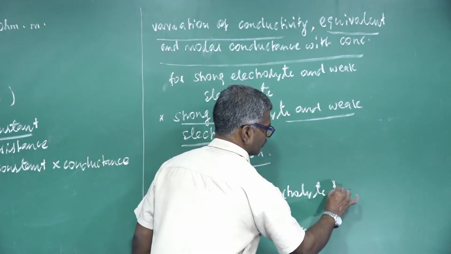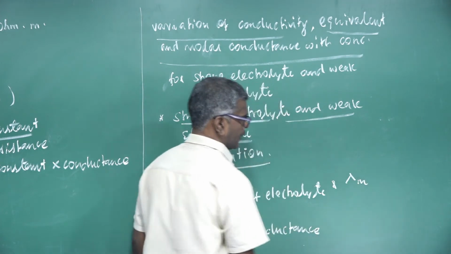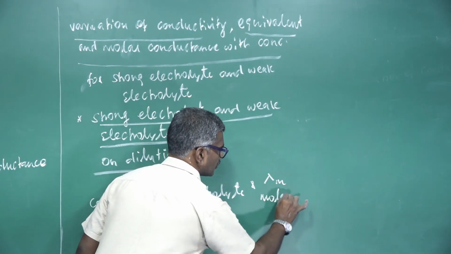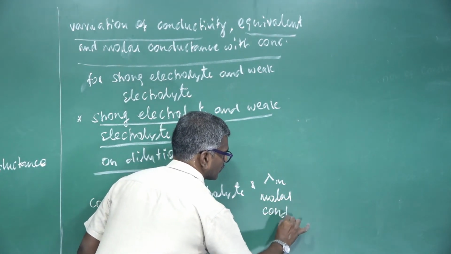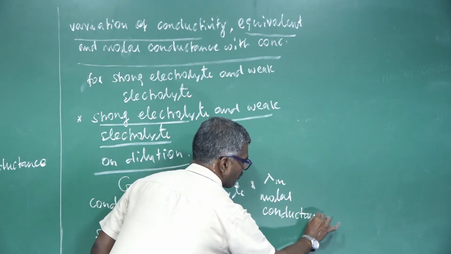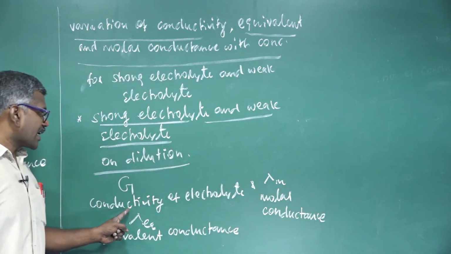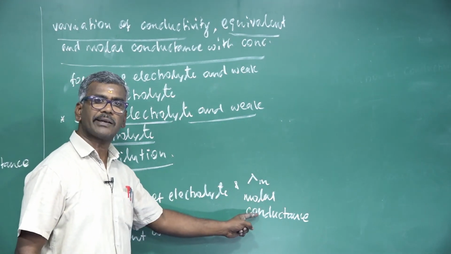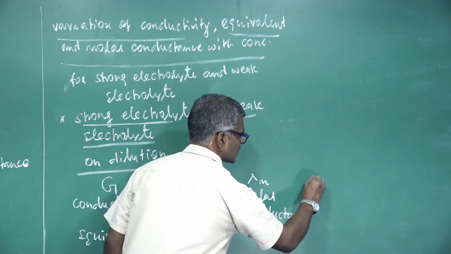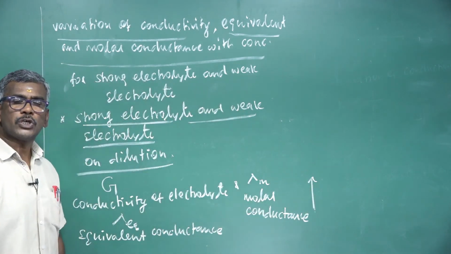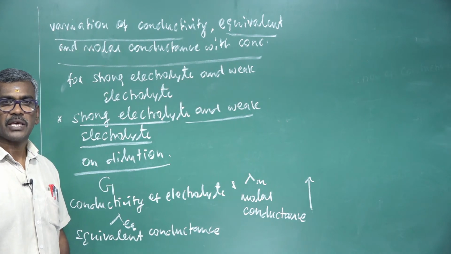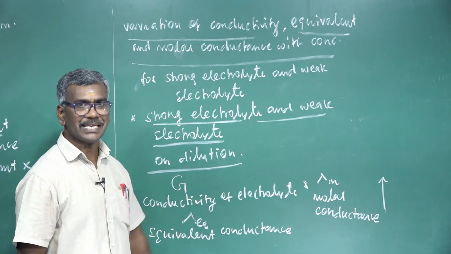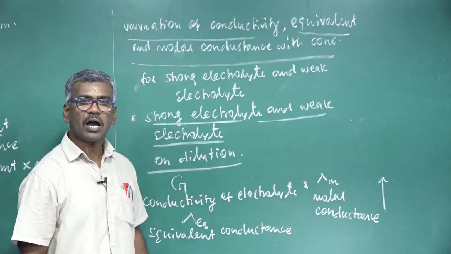The conductance of the electrolyte, equivalent conductance and molar conductance increase on dilution. This is due to the presence of a greater number of ions. On dilution, the number of ions increases, so conductance also increases, but it decreases with concentration.